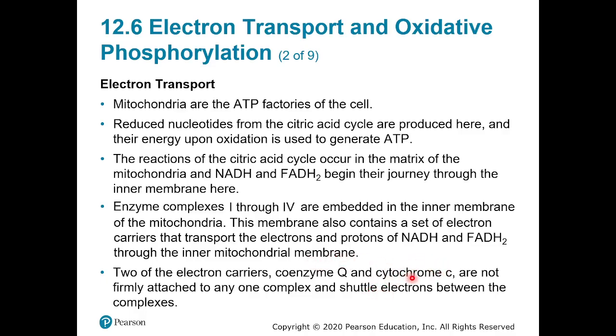Their purpose is actually to shuttle the electrons between the complexes, so you can get the most efficient use out of those as possible. Another way to think about this is, if you were just to uncontrollably move around electrons like you do in a wire, that heats it up, doesn't it? And you don't want to get heated up. You'd burn up.